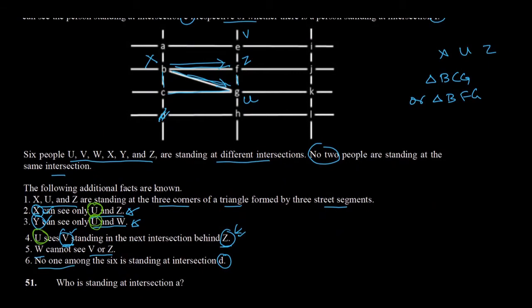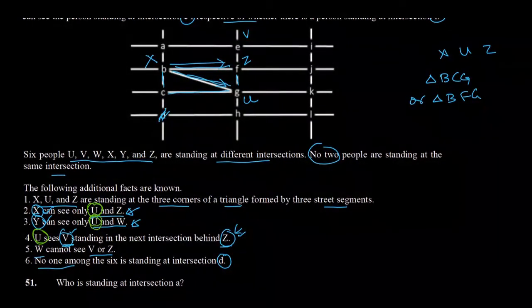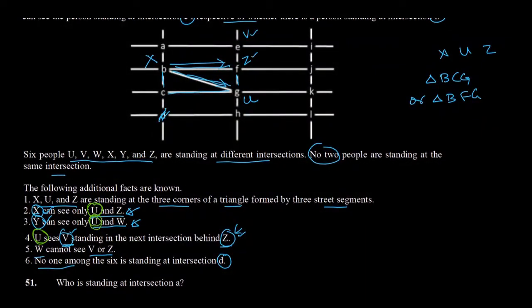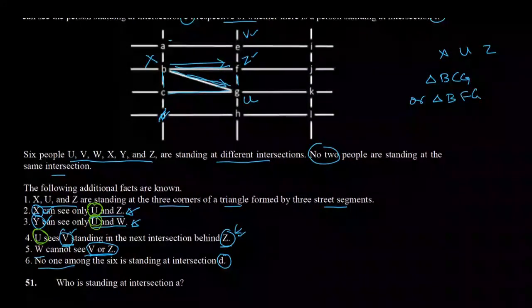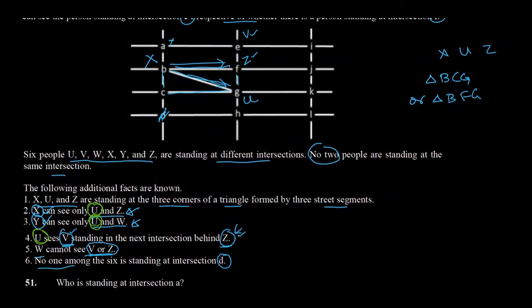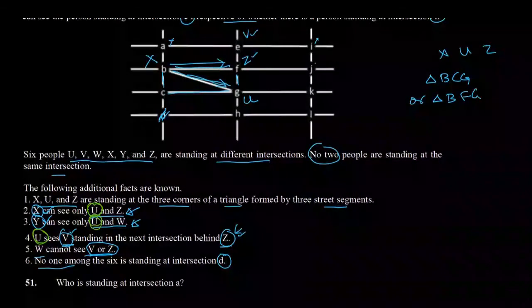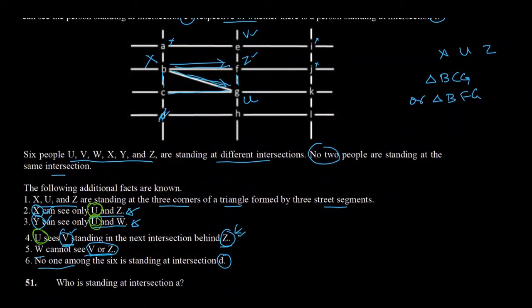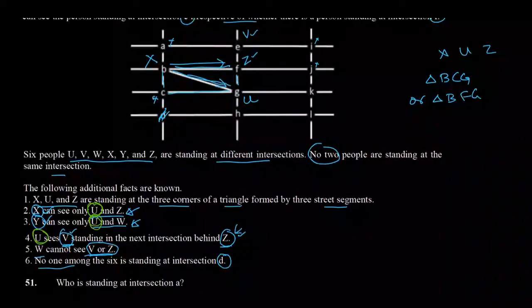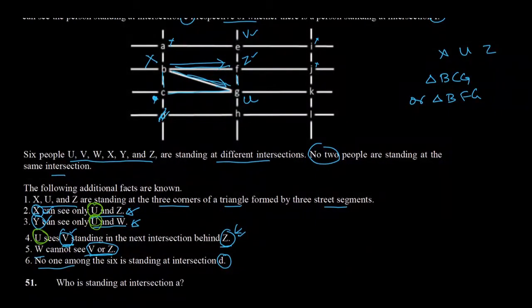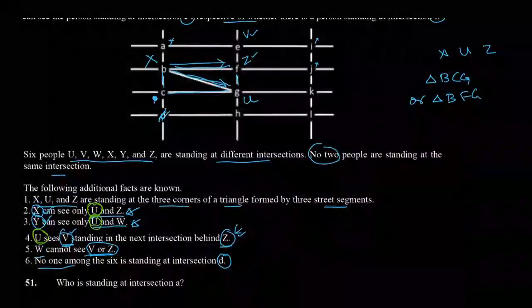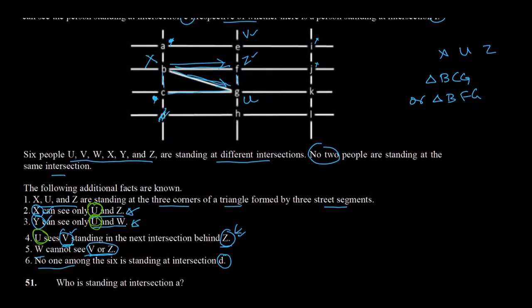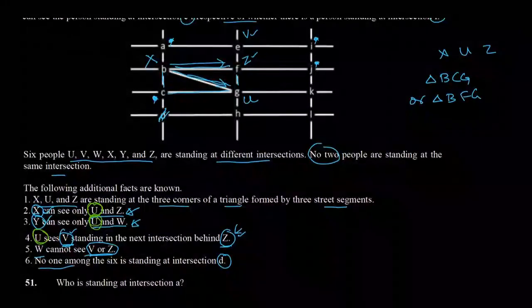U can see V behind Z, so that is covered, and W cannot see V or Z. Now W cannot see V or Z, which means W cannot be here, here, or here. W cannot be here as well, because then W would be visible to X, which is not given in the criteria. So this is not possible.